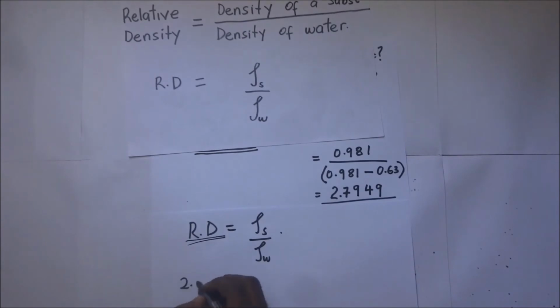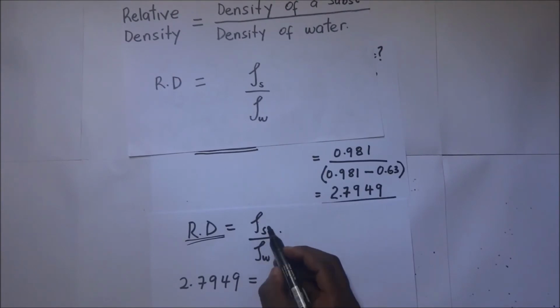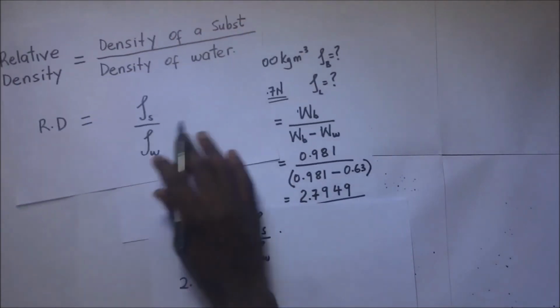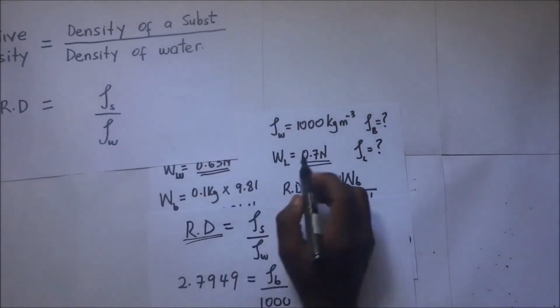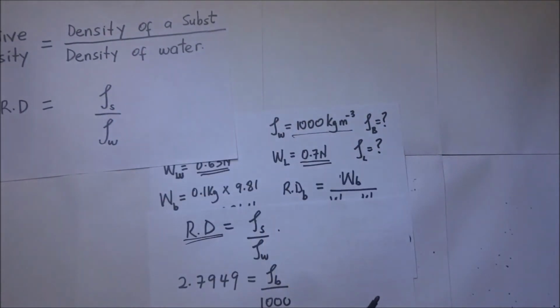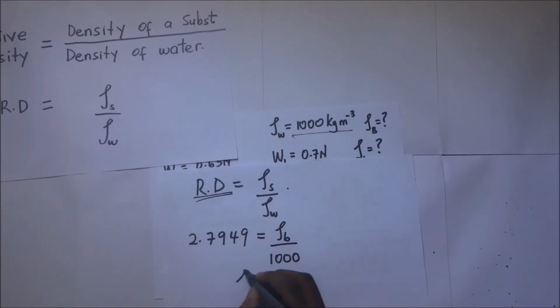So 2.7949 is going to be giving us the density of the substance. Now, as far as this question is concerned, the density of the substance is the density of the block which we are looking for. Divide that by the density of water, which is given by 1000 kilograms per meter cubed. So we make the density of the substance the subject of the formula, and it becomes this times that.